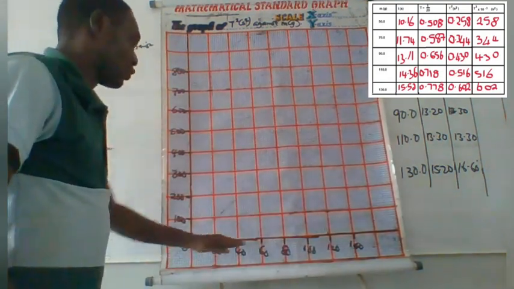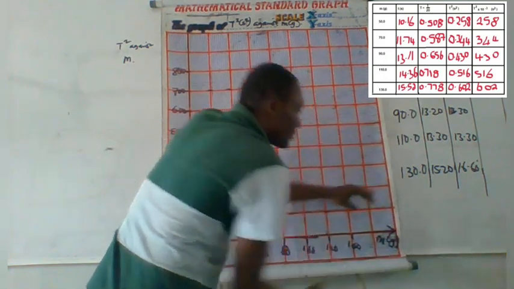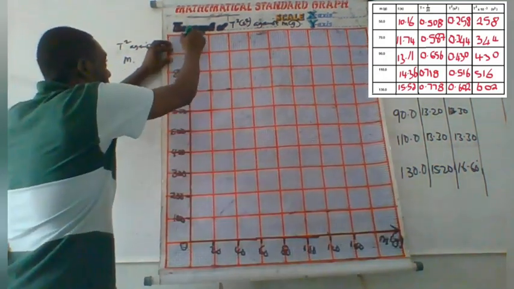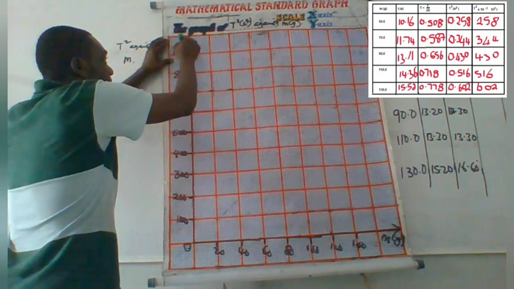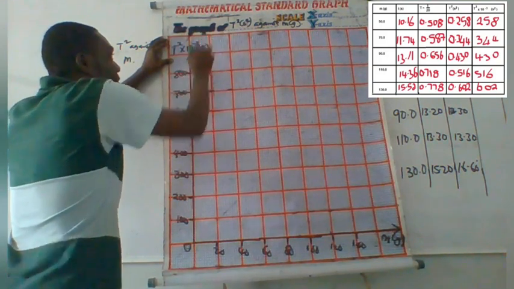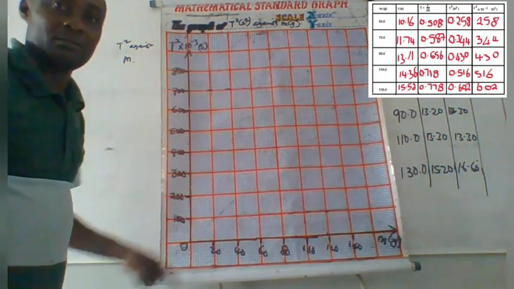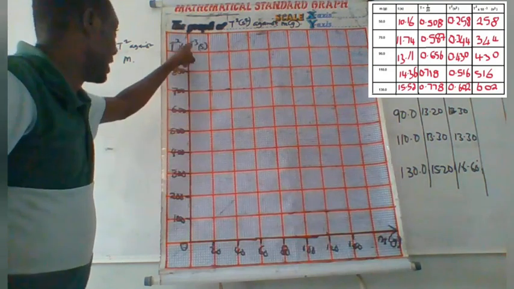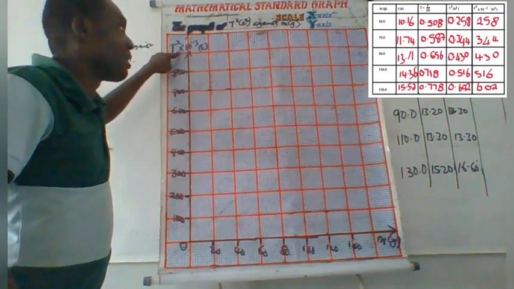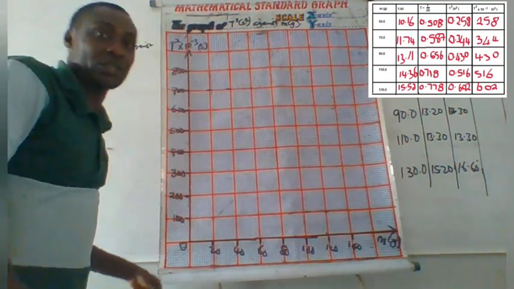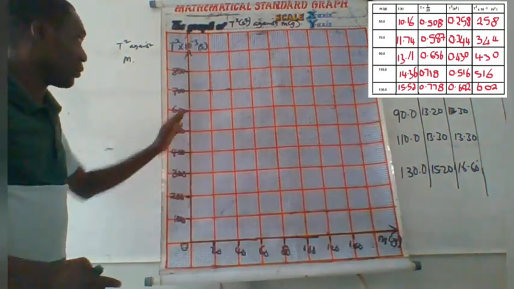Now, this is m in grams, and this is t squared times 10 raised to the power minus 3 seconds. Because my values were raised to the power of 10, I must include it on the graph. So it's t squared times 10 raised to the power minus 3. All these values are multiplied by 10 raised to the power minus 3. Okay, now let's write our scale.